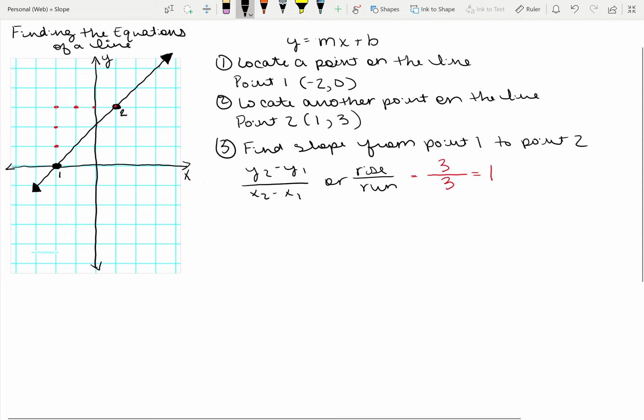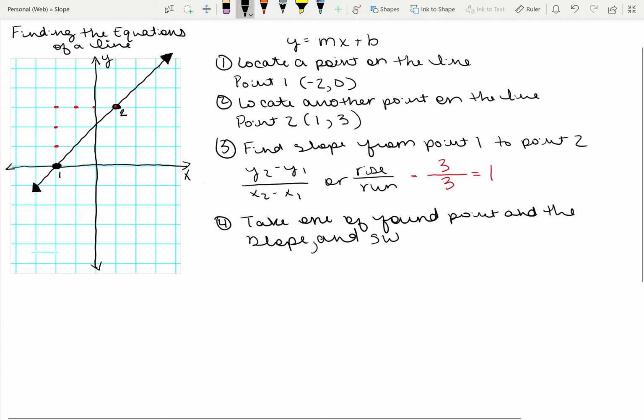So the way we take care of that is take one of the found points and the slope and substitute them into the slope intercept form.